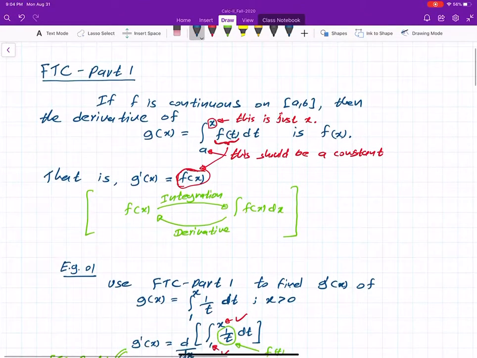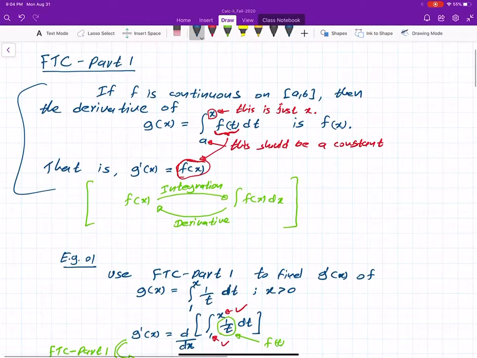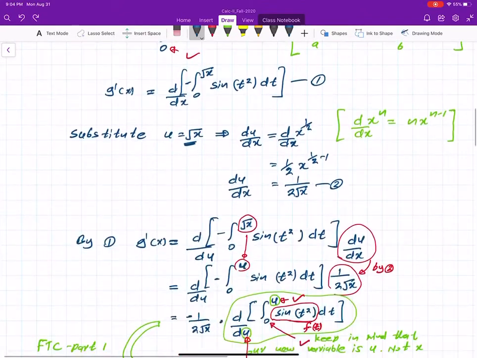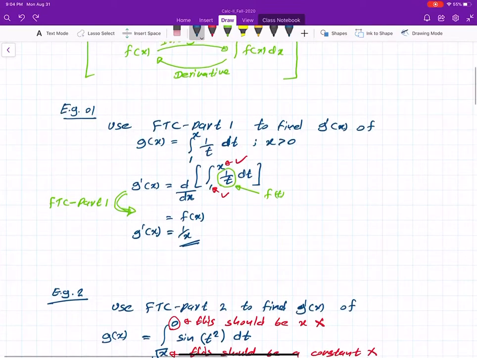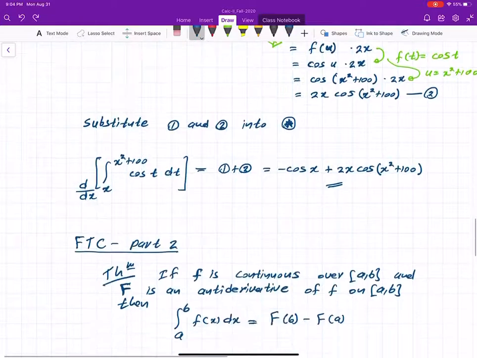In part 1, this is the corresponding theorem. You have to always check these limits, x and a, in a given problem. If they are satisfied, you can directly use the theorem. If not, you have to rearrange the problem so that it satisfies these limits. We discussed 3 problems. The first is easy, the second is a little challenging, and the third is highly challenging.